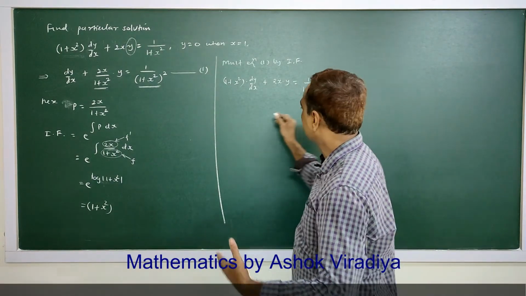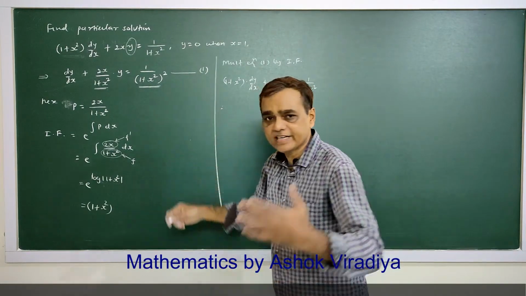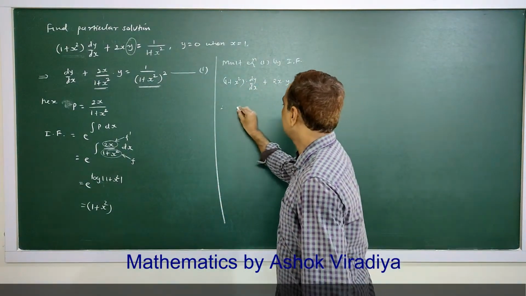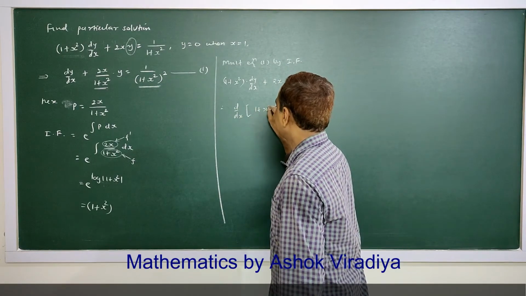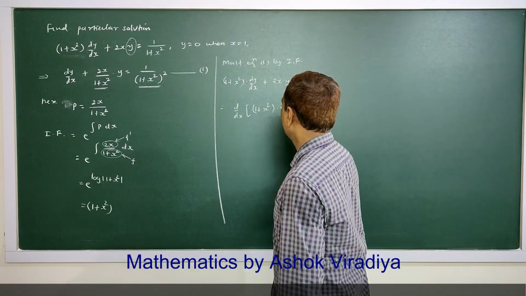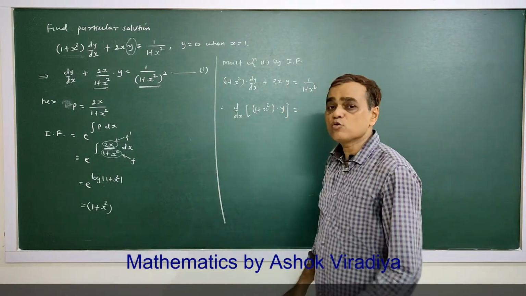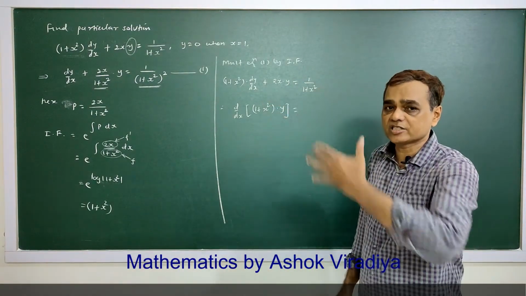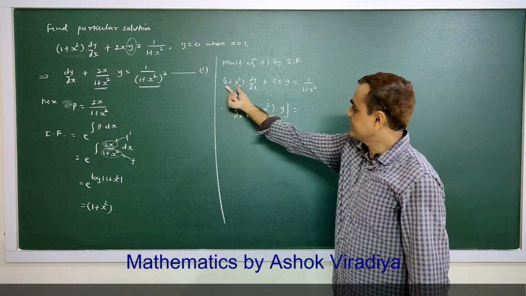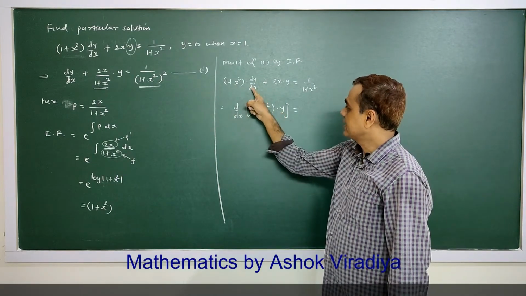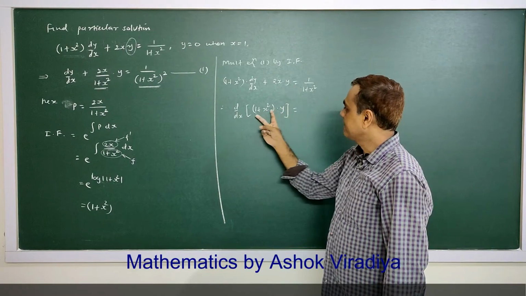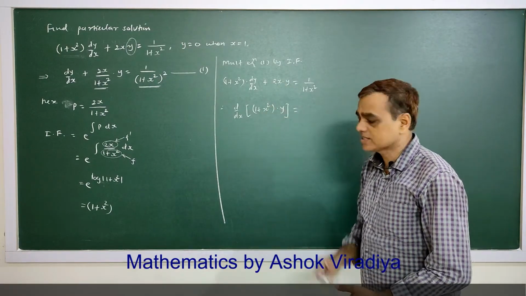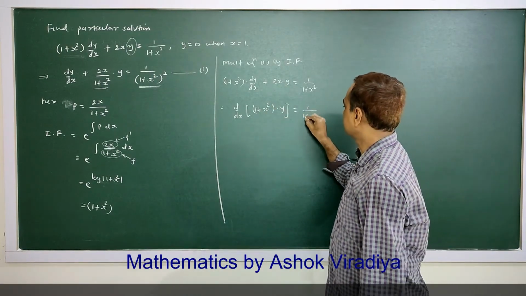After multiplying equation 1 by the integrating factor, the LHS will always be d by dx of the integrating factor into y, and you can verify it in the previous LHS. Taking 1 plus x square as it is, this is its derivative, plus y as it is, and the derivative of 1 plus x square is 2x. This we keep as it is.